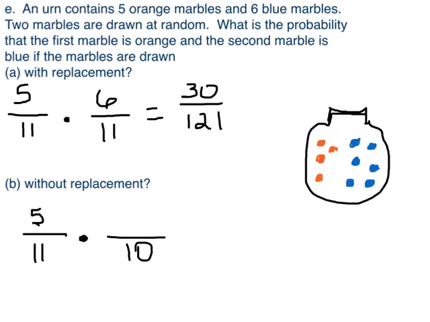Of those 10, 6 are actually blue. And let me see, cross-canceling here would make this a little easier. 6 divided by 2 is 3, so 1 and 3 would be a 3 in 11 chance.